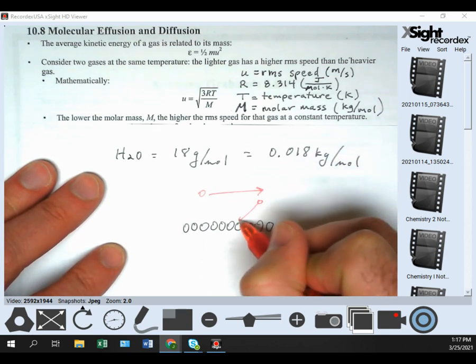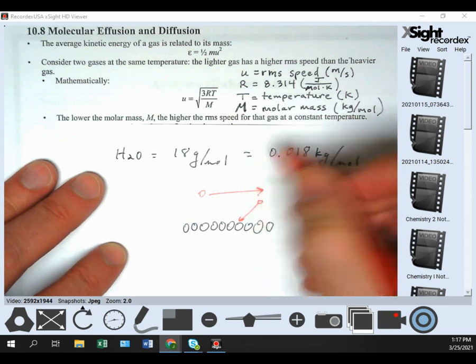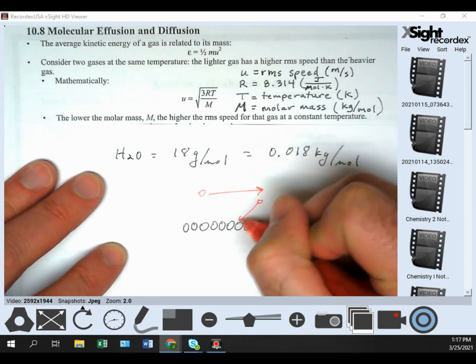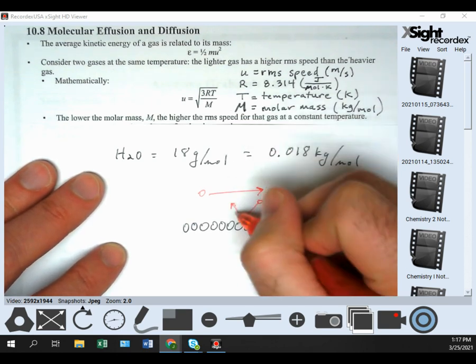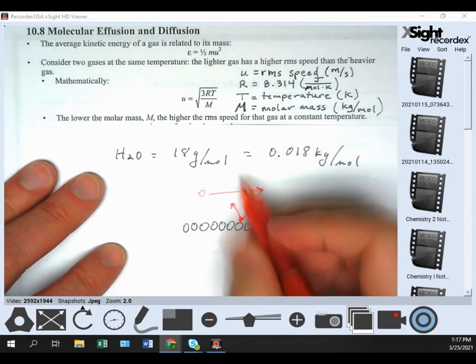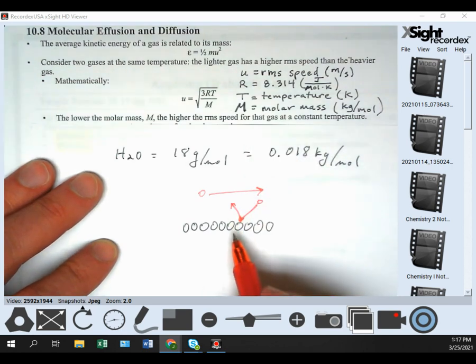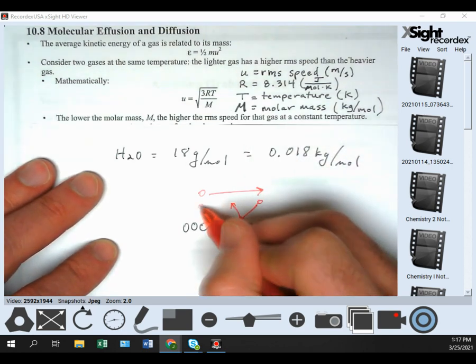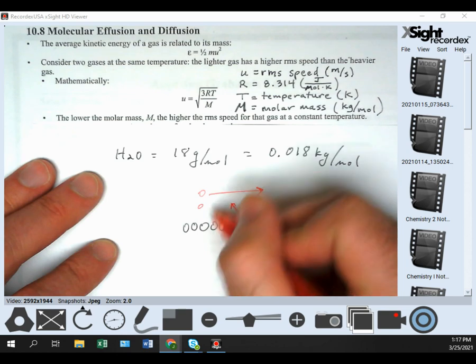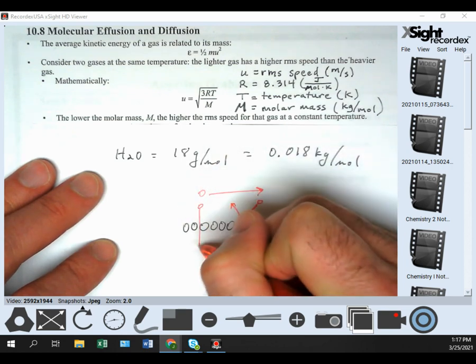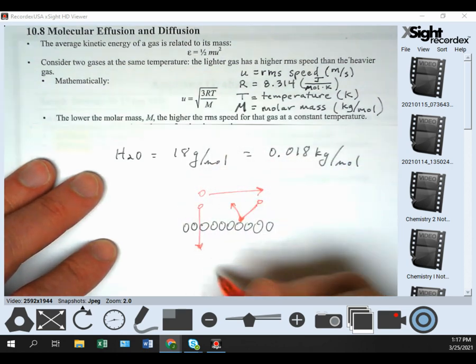And they bounce off of the walls. That's what creates pressure, right? Well, every once in a while, one of those molecules will hit the wall just right, and it'll squeeze through and escape.